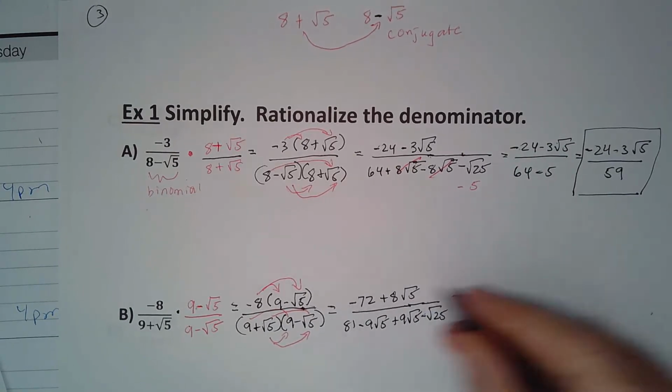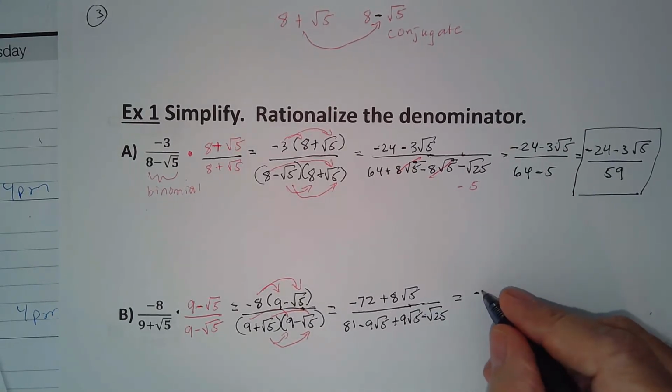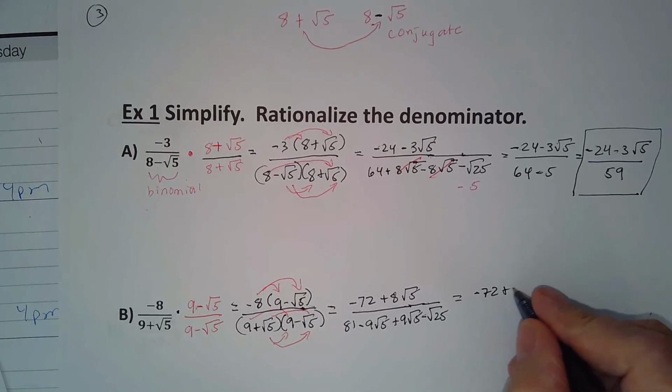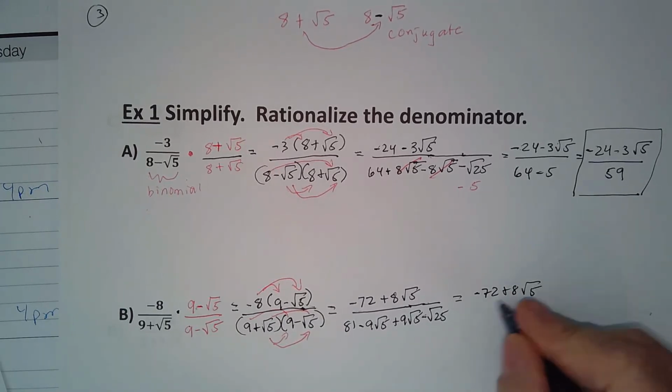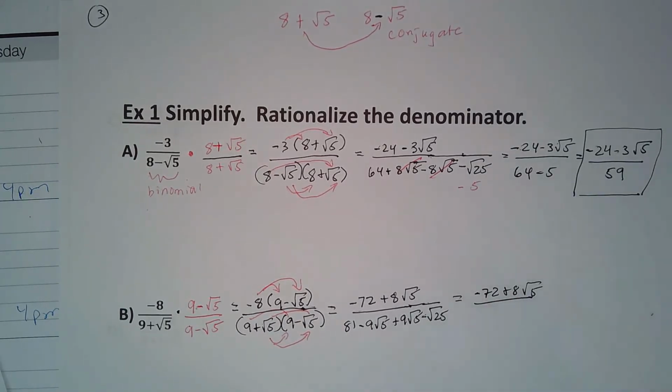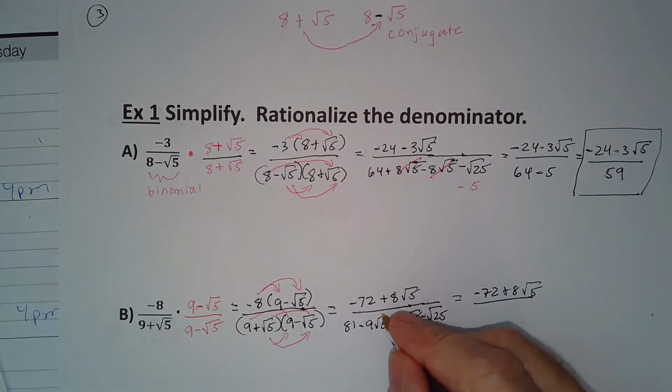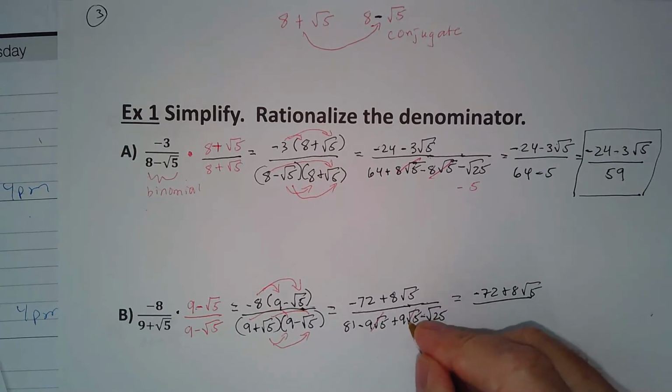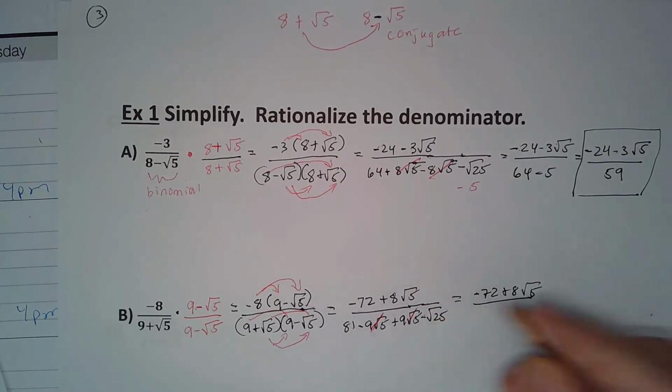So let's bring the numerator over. Negative 72 plus 8 square root of 5 divided by, all right, so look at the quadrinomial, pardon me, I'm thinking geometry with quadrilaterals. So I've got a negative 9 square root of 5 and a positive 9 square root of 5 that cancel.